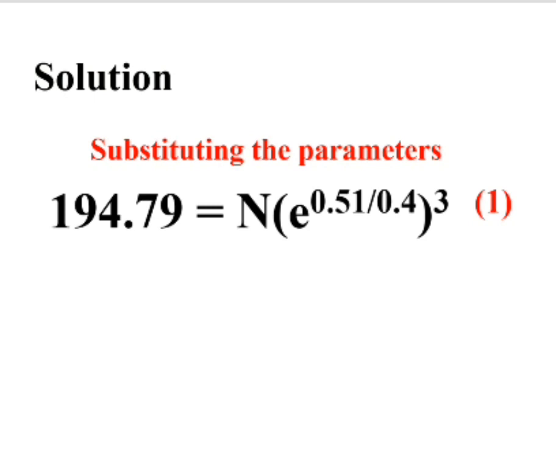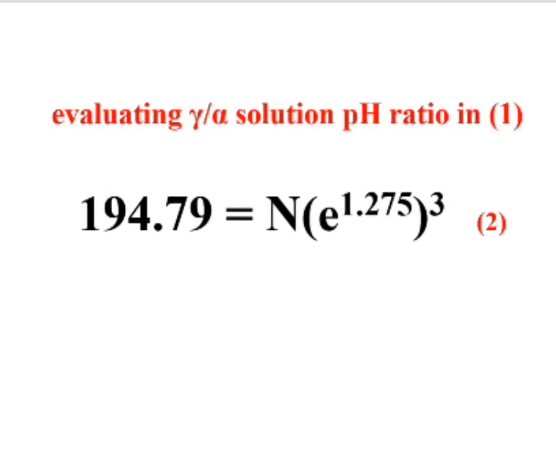If we evaluate the ratio of pH in equation 1, we're going to have 1.275, and so equation 2 will now be 194.79 equal to N into exponential 1.275 all cubed.